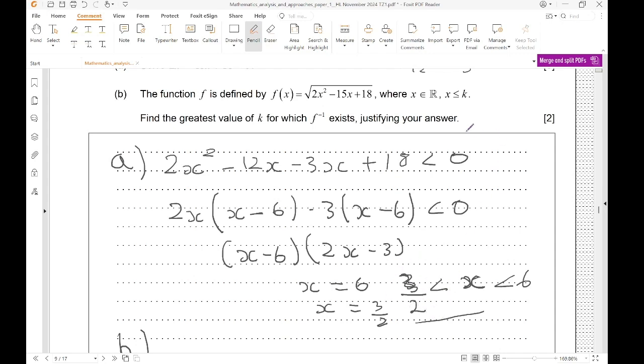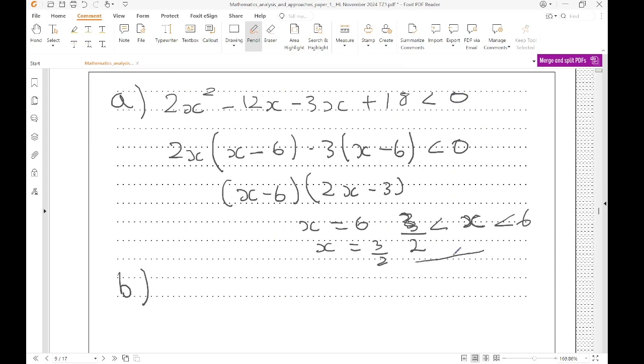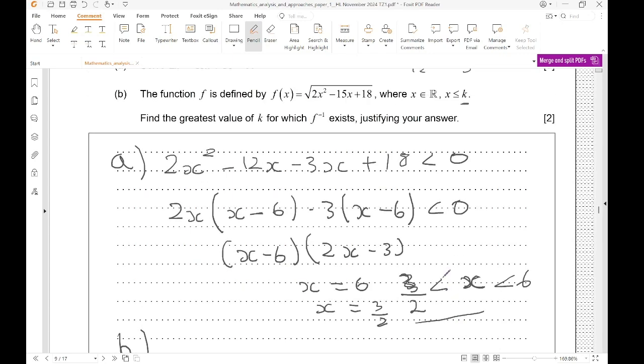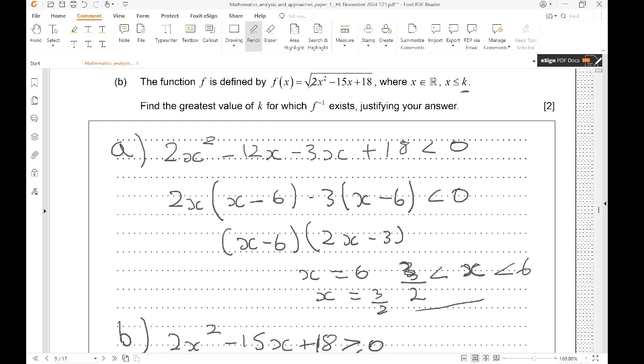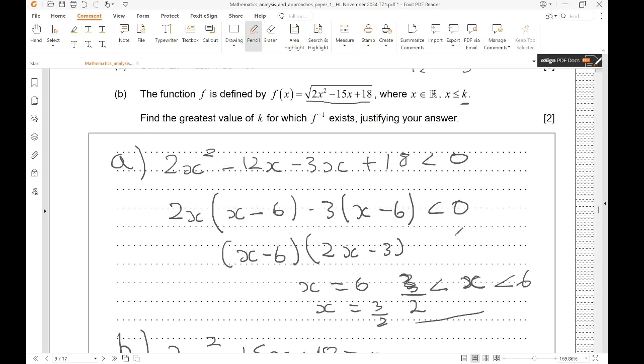For f inverse to exist, we require 2x squared minus 15x plus 18 to be greater than or equal to 0, because since it is in a square root function, whatever 2x squared minus 15x plus 18 is, it has to be greater than or equal to 0.